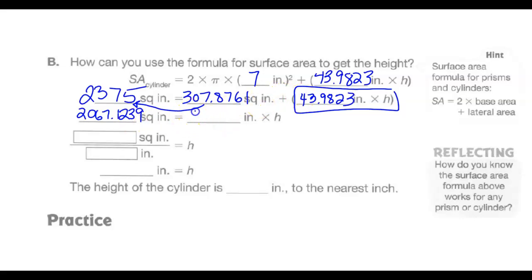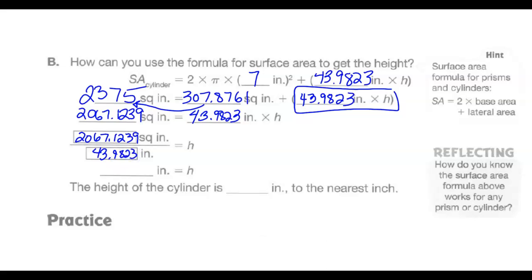Okay, and now we just copy out that 43.9823. Now to get h by itself, we have to divide this left side by that 43.9823.